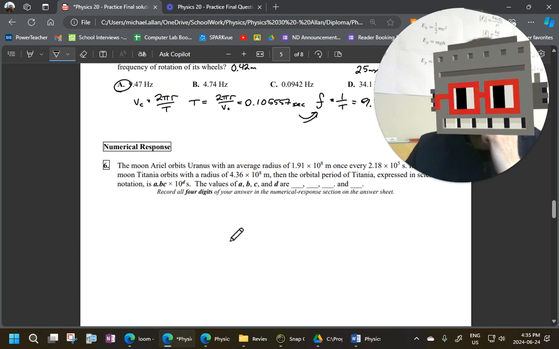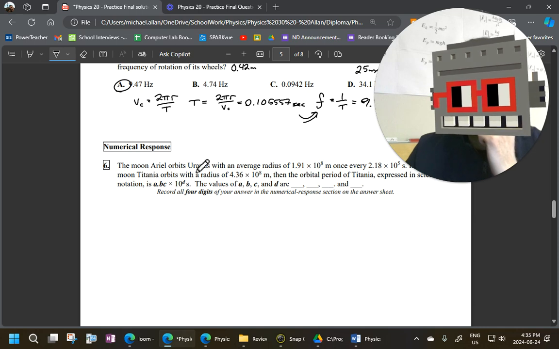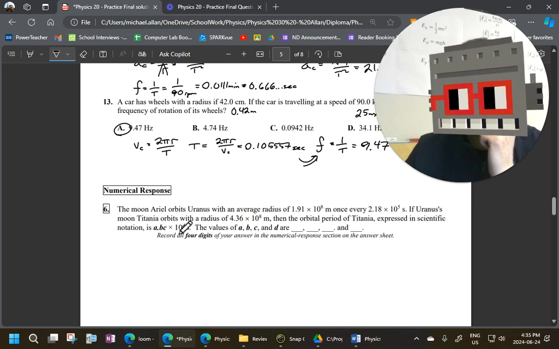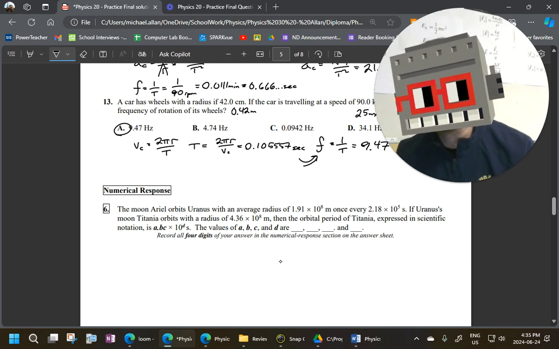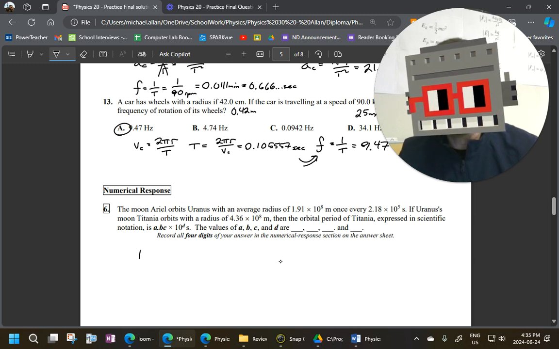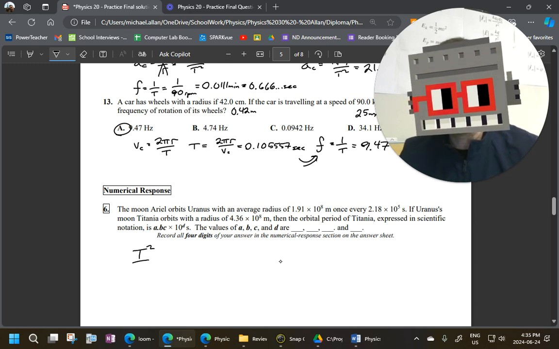Okay. The moon Ariel orbits Uranus at an average radius of blah, blah, blah. If another moon, Titania, orbits at a different radius, what is its period? Okay. So there's a couple different ways to do this question, but I think the best way, because they're both orbiting the same object, is that Kepler's third law should apply here.